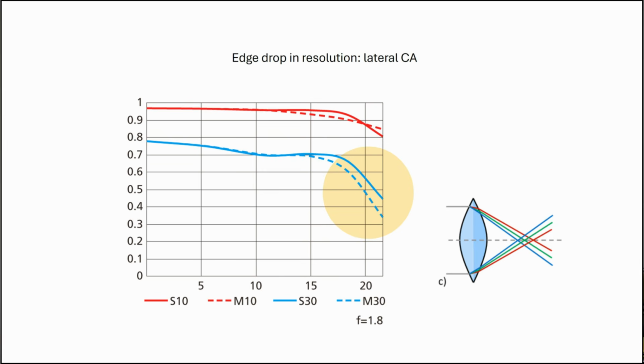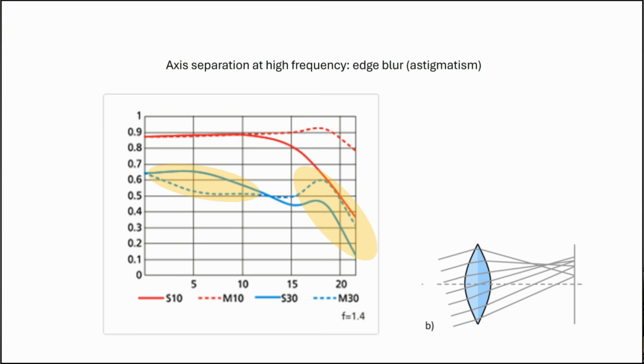The next aberration we can observe in an MTF chart is a separation between the axes. A separation between the axes on the resolution line means that the image might suffer some astigmatism, which is practically expressed in blurred edges or fine details.